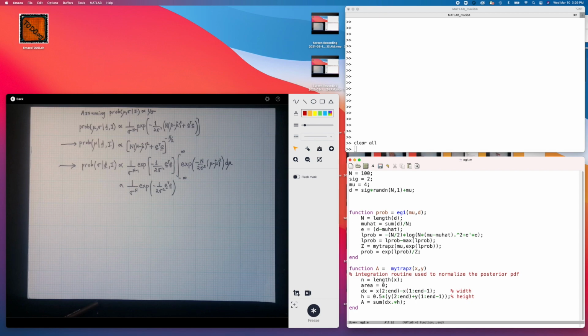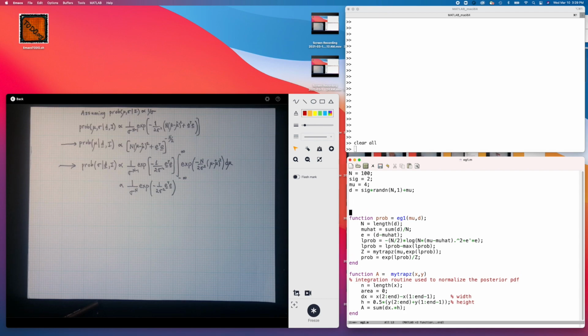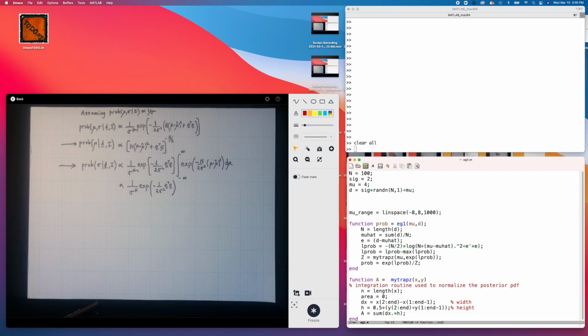And now I'm going to make a range of mu values to pass into these functions. So mu range in linspace. I have 1,000 points. I don't know if minus 8 to 8 is big enough. Let's put 12 to be safe.